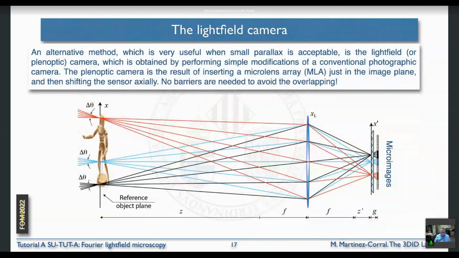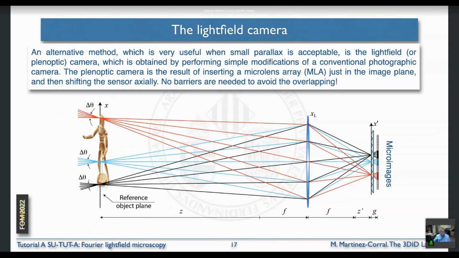So in order to avoid this problem, the Lightfield or Plenoptic camera was proposed. The concept is more or less the same. It is useful in case you don't need big parallax. For example, this is a conventional photographic camera. What you do is insert a small microlens array just at the image plane.